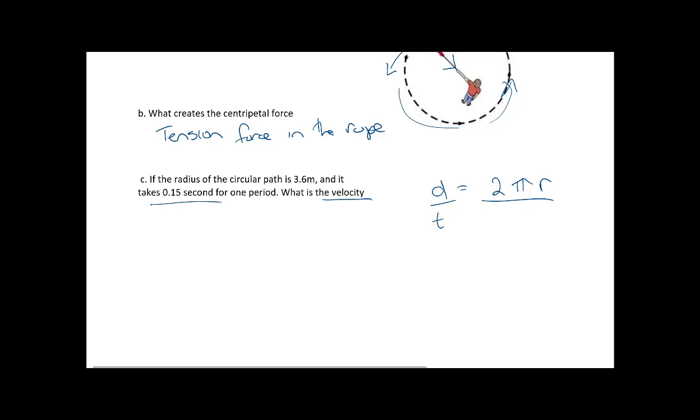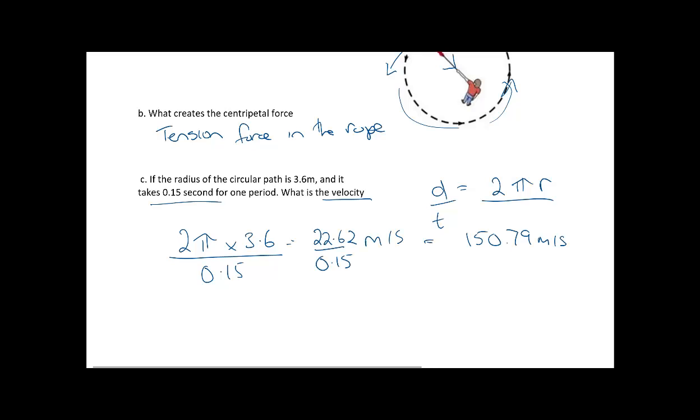But at this stage, we've got 2 pi times 3.6 divided by 0.15. That will equal whatever the velocity is. So we'll just work that out. Okay, I'm doing that calculation. We get 150.79 meters per second, which would be 150 meters per second.